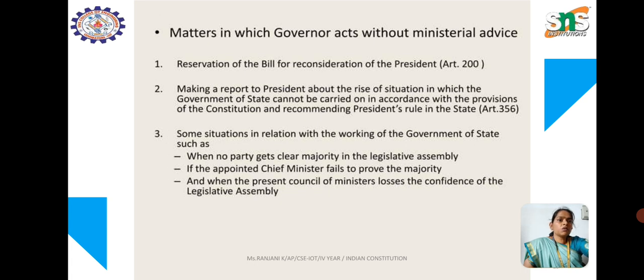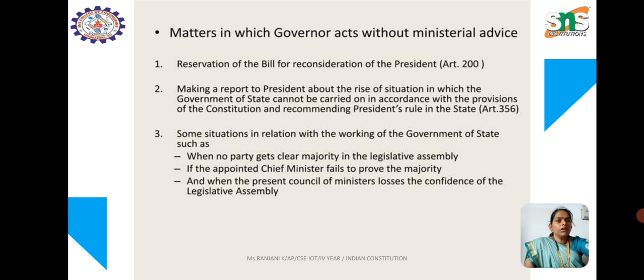Next, the matters in which the governor acts with ministerial advice. These include the reservation of a bill for the consideration of the president and making a report to the president about the rise of a situation in which the government of the state cannot be carried on in accordance with the constitution.